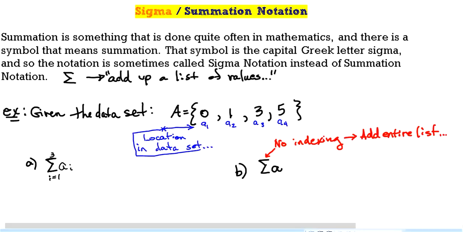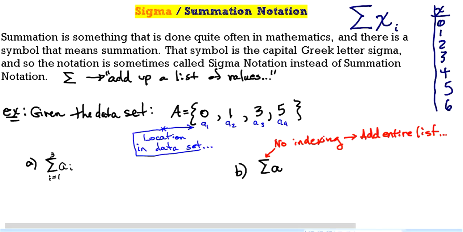When you see sigma, the uppercase Greek letter sigma, in front of a variable, for example, sigma x, this is telling me that I have a list of x values. Maybe x is 0, 1, 2, 3, 4, 5, and 6. What this is telling me is to add up all of the x values that I have here.